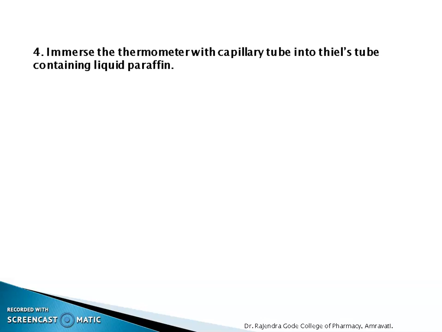Next step, immerse the thermometer with capillary tube into the Thiele tube containing liquid paraffin. We have to fill the Thiele tube with liquid paraffin. This thermometer and capillary tube which we have tied together we have to immerse in that Thiele tube.